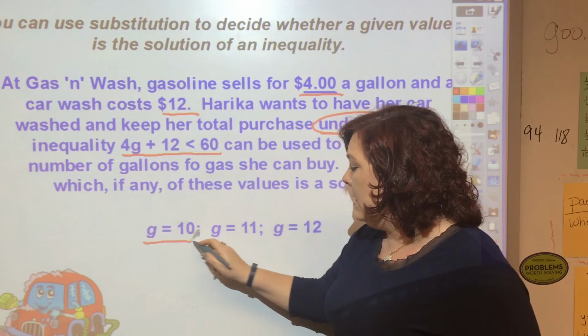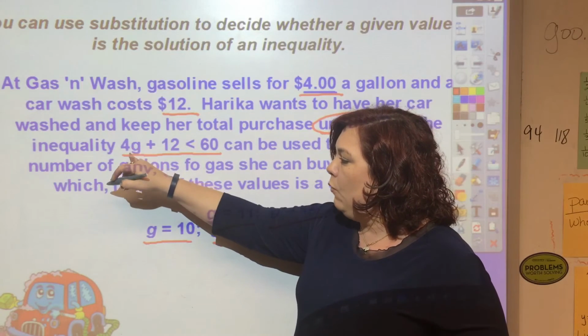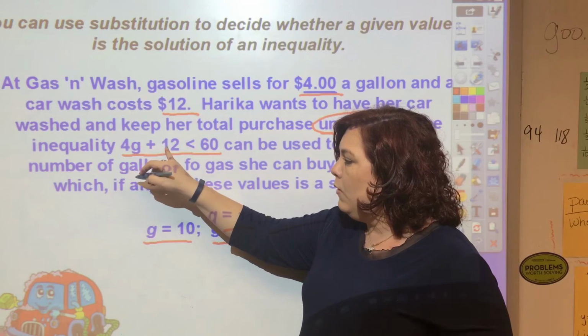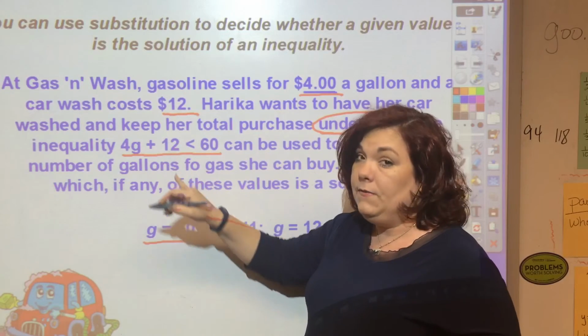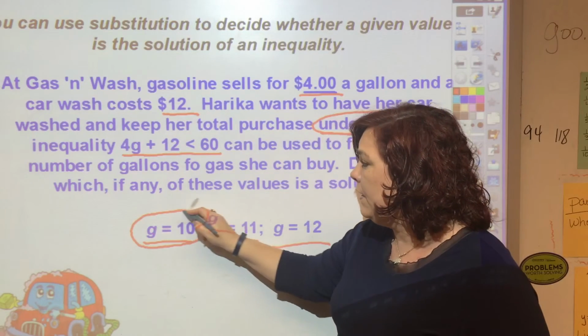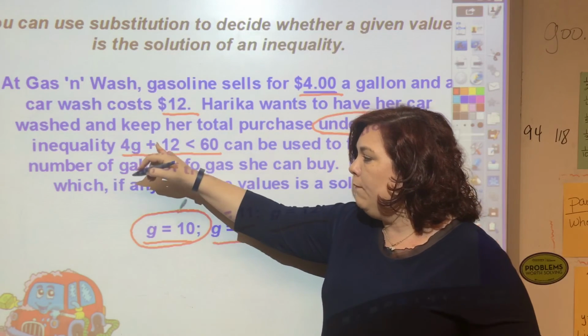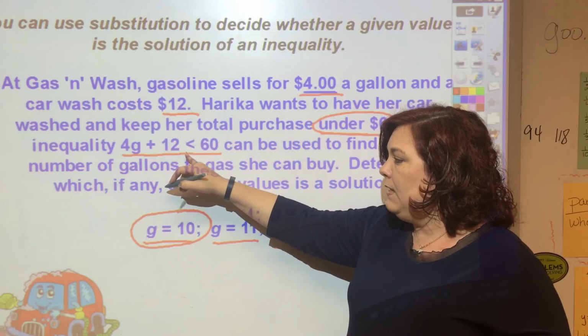So we've got 10, 11, or 12. So 10 times 4 is 40, plus 12 is 52. $52 is less than 60, so she can buy 10 gallons. Let's try 11. 11 times 4 is 44, plus 12 is 56.